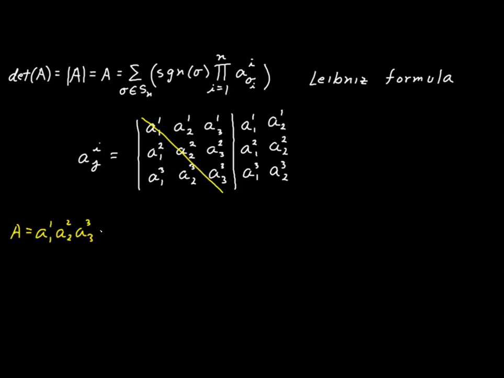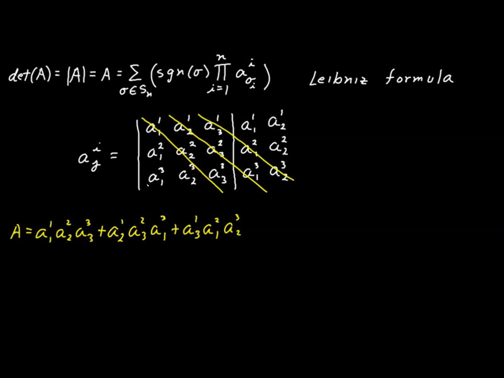Then we add the product that's formed by the next diagonal. So this is A12, A23, and then A31. We continue the process. We'll take these elements and form a product. That's A13, A21, and A32.